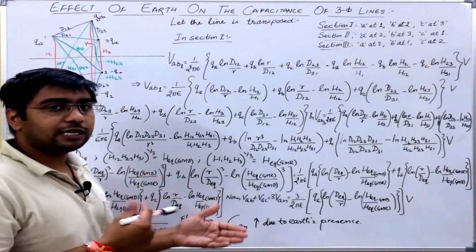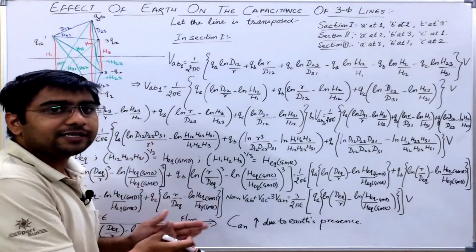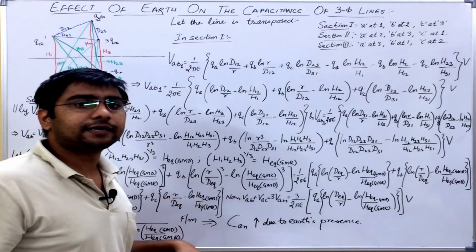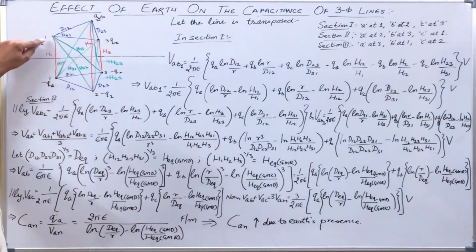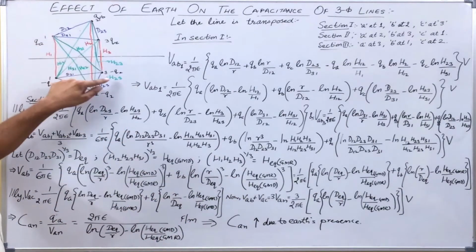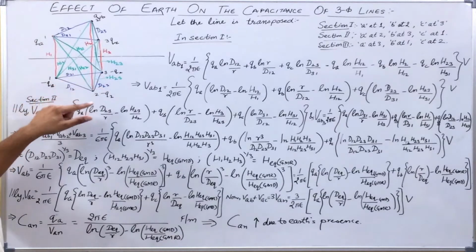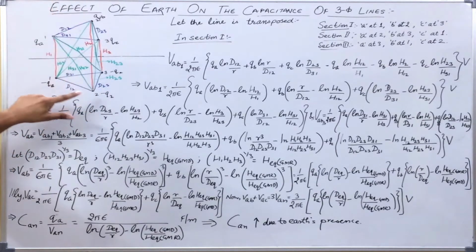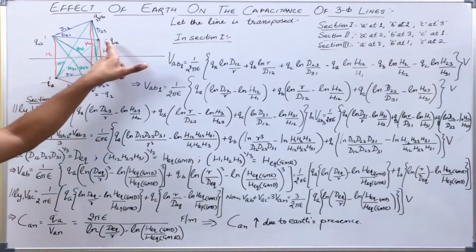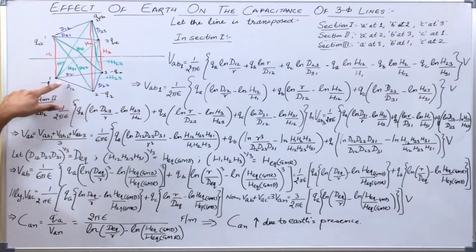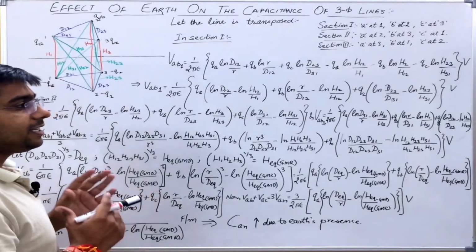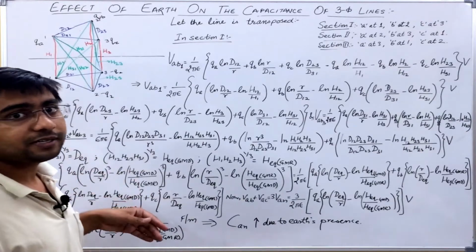Now I have used the green color to show the mutual distances between an original conductor and the image conductors of the other phases. So in this way we will have three types of distances.